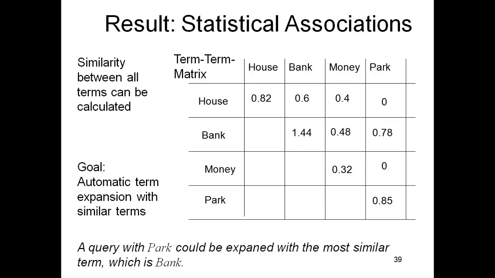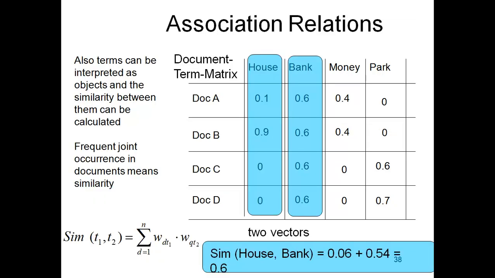Further questions? Please. But how come that money actually has a higher similarity to house and bank than to money itself? Ah, yeah. That's an artifact of the inner product. The inner product is simply the sum of the products without any normalization, like in cosine.